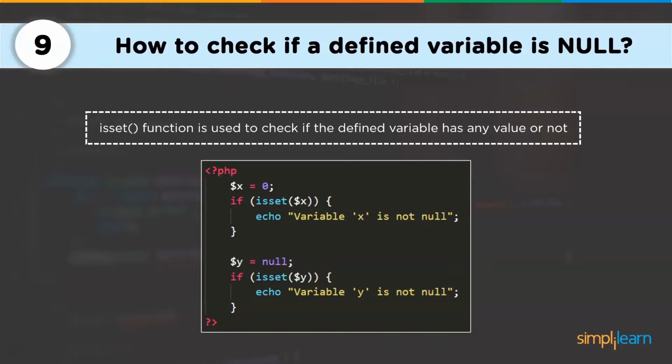What you do is put the isset function inside the if condition, and it will return true if it's not null, while it will return false if it is a null value. Since it is not null, it returns true, and we can display echo as variable x is not null, while in the case of variable y, it is a null value, so the if condition will be false and it will not display anything.